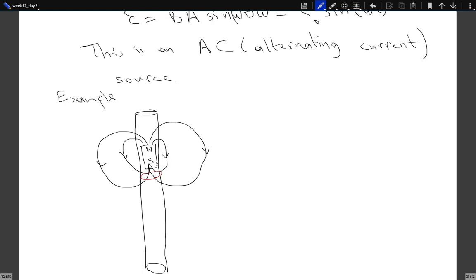The magnet is moving downwards. Now what will be the direction of the induced current on that ring?